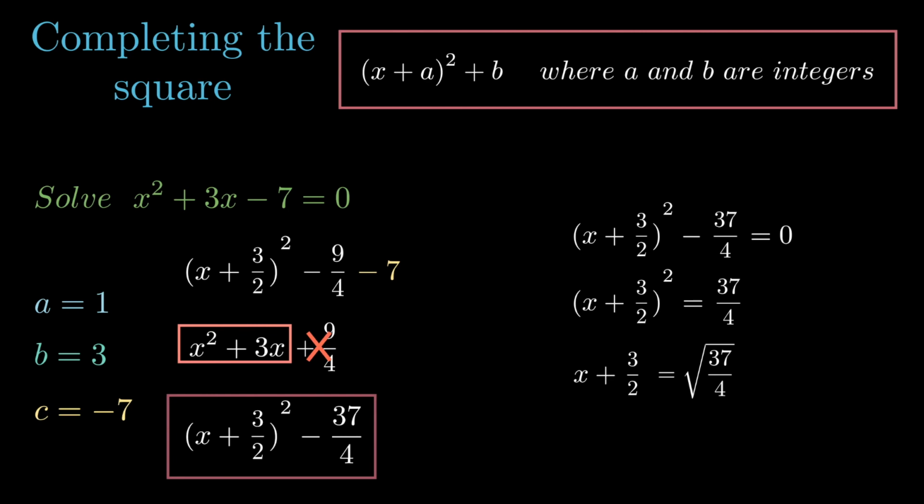The final step is to get x on its own, we subtract 3 over 2 from the right side. So we get x is equal to minus 3 over 2 plus or minus square root of 37 over 4. So you can do this question by using fractions or decimals, but it's up to you. And that's the last question done.